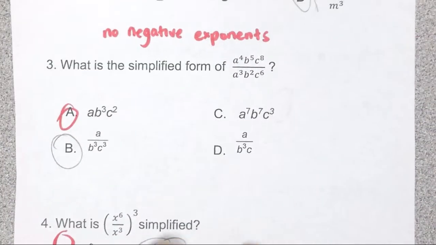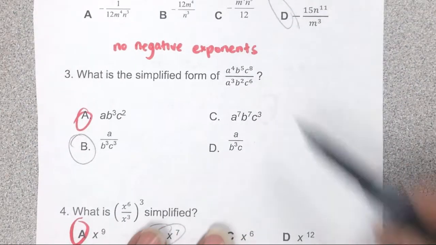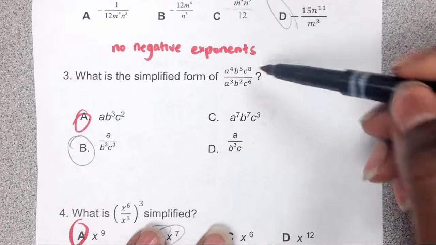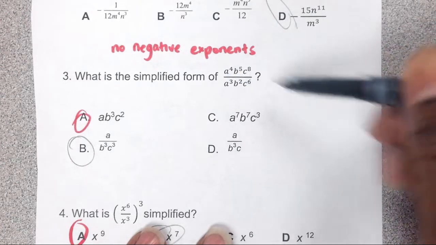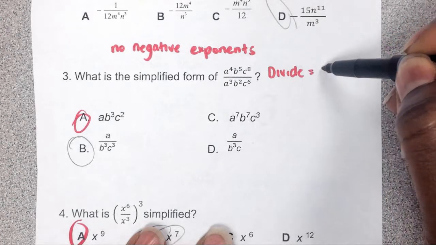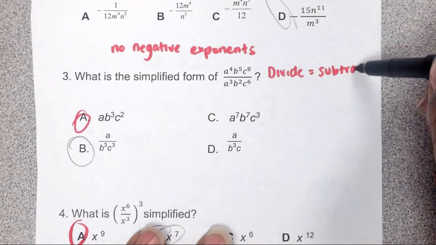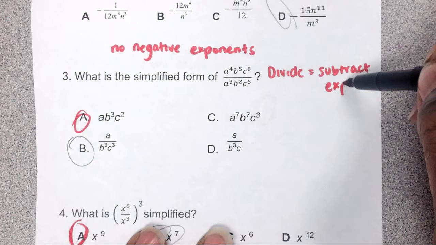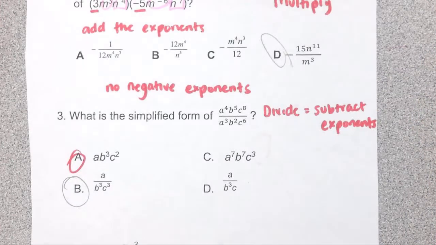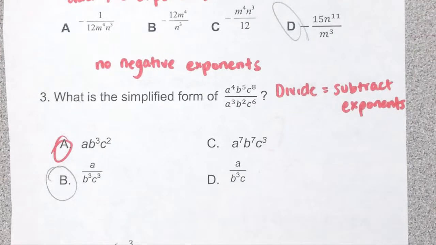All right, look at the next one. This one's different. This does not look like a multiplication problem. This looks like a division problem. And divide really means you are supposed to subtract the exponents that have the same base. So if you look here, we have some a's.